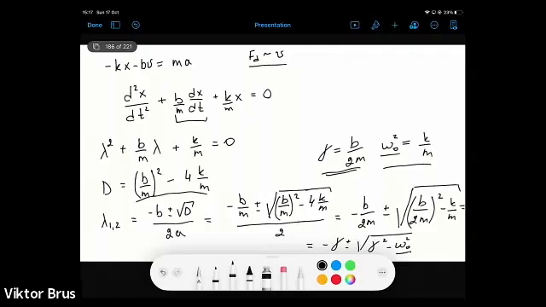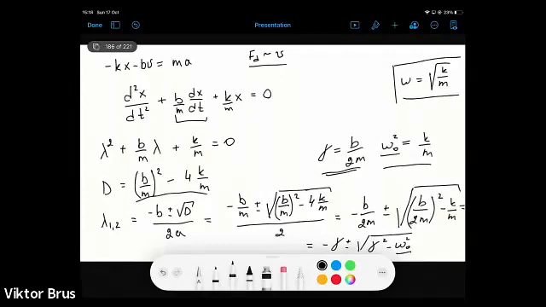And yes, because omega was equal to the square root of k divided by m for the ideal case when we didn't have any damping. Okay, thank you for your comment. So now everything should be correct.